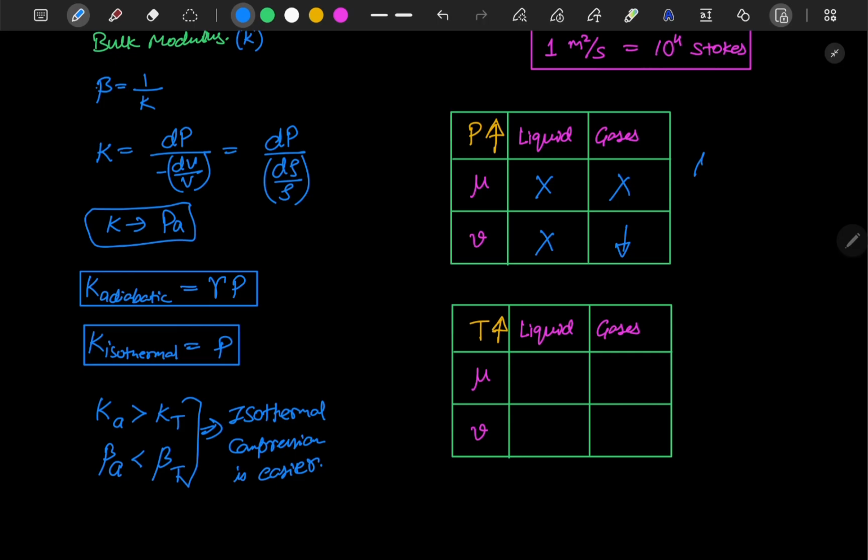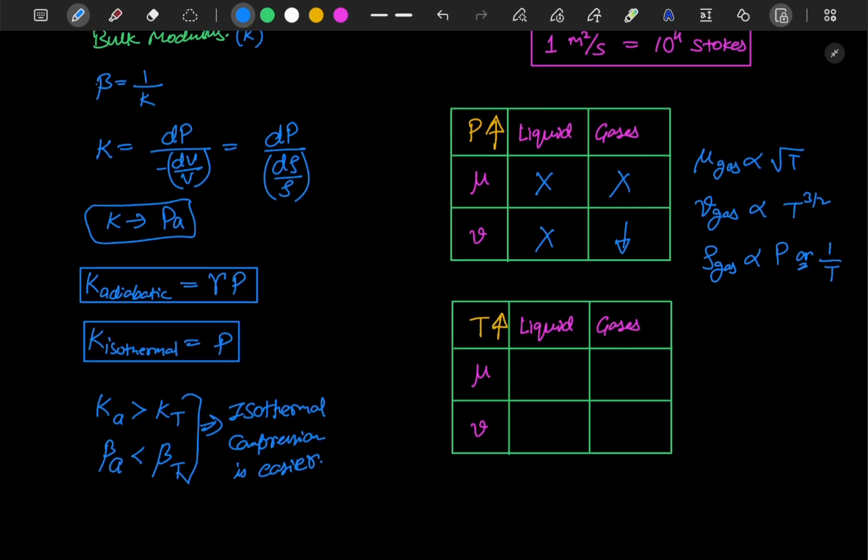Because generally your dynamic viscosity for gases is directly proportional to square root of T, and your density of gas is directly proportional to pressure and inversely proportional to temperature. If we use this in nu is equal to mu upon rho, we can get the relation from here.